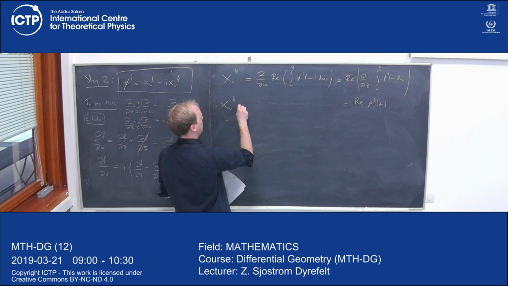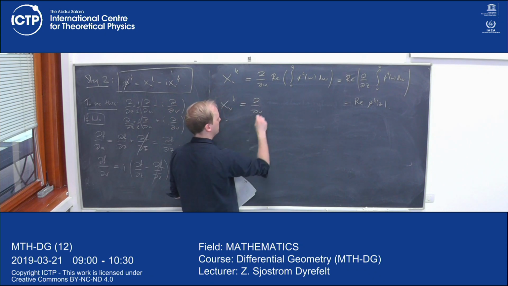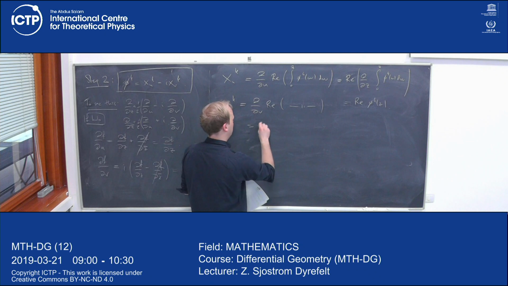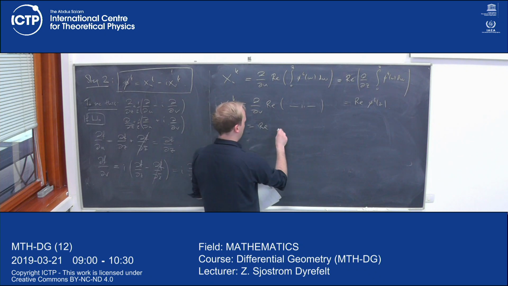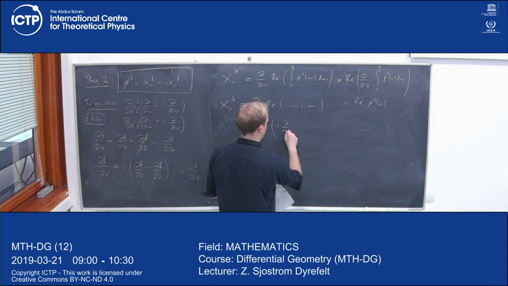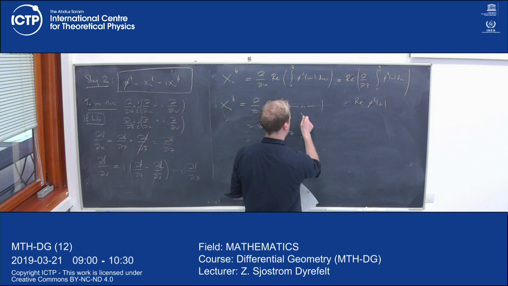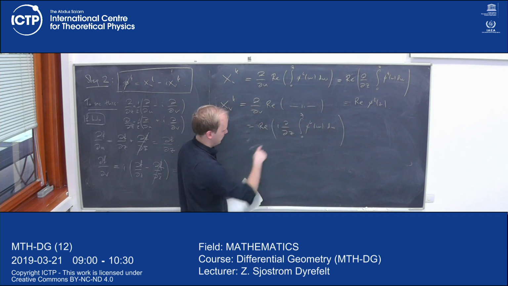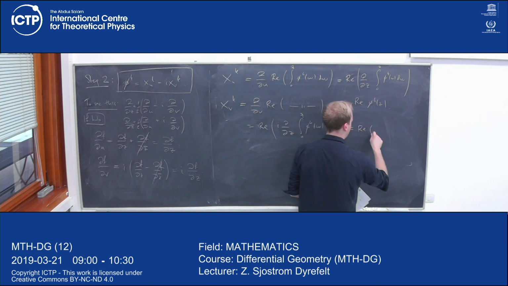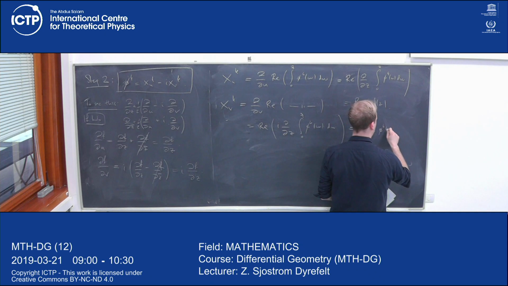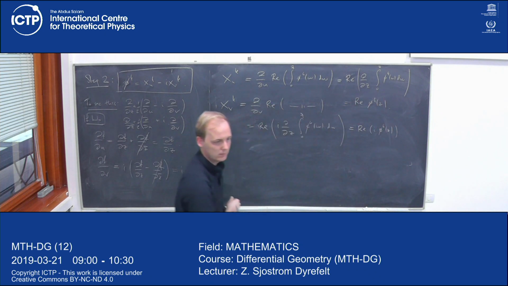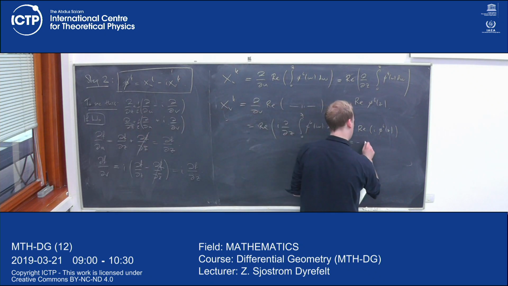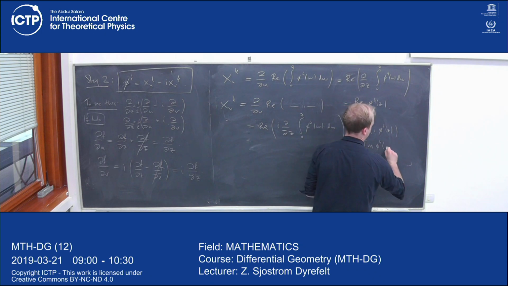Then I have x_v^k, which is equal to partial v of the real part of this thing. This is equal to the real part of I partial z of the integral from 0 to z of phi k of w dw. So what is this? It's equal to the real part of I times phi k of z. But what is the real part of I times some function? It's equal to minus the imaginary part of that same function.